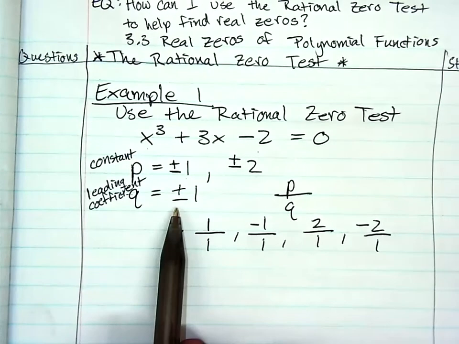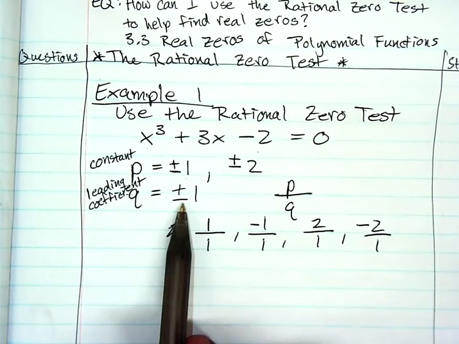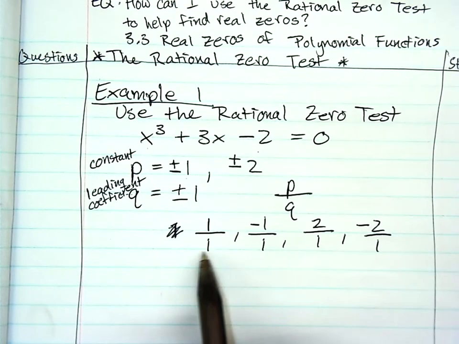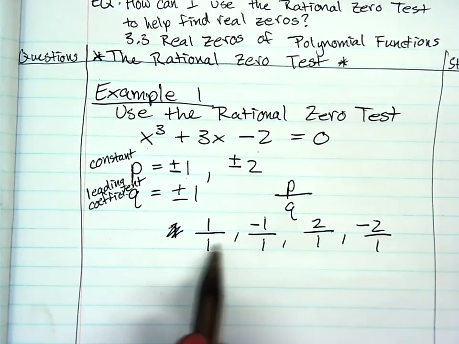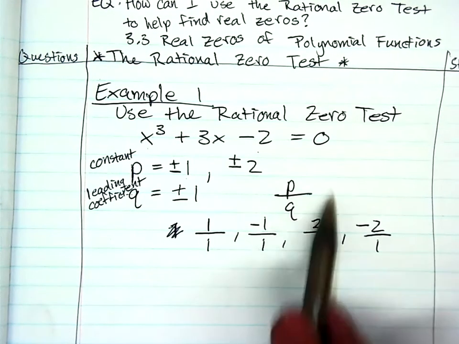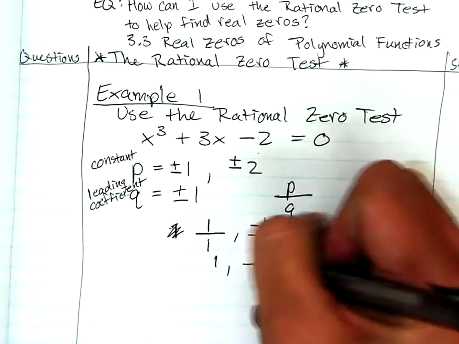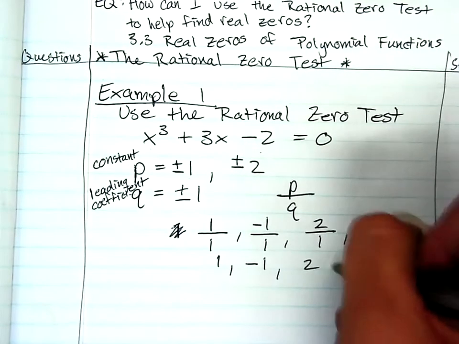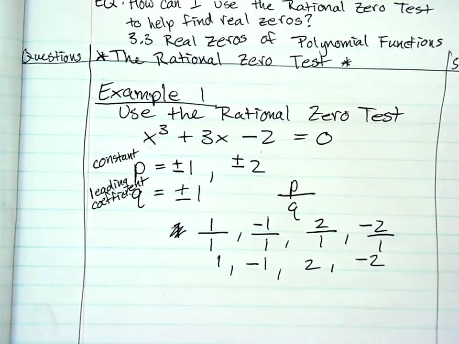Negative 2 over positive 1. I could also check it with the negative ones, but in reality, it just leads to 1, negative 2, positive 2. So these are the 4 terms that I'm going to get from using my rational zero test. So 1, negative 1, 2, and negative 2.